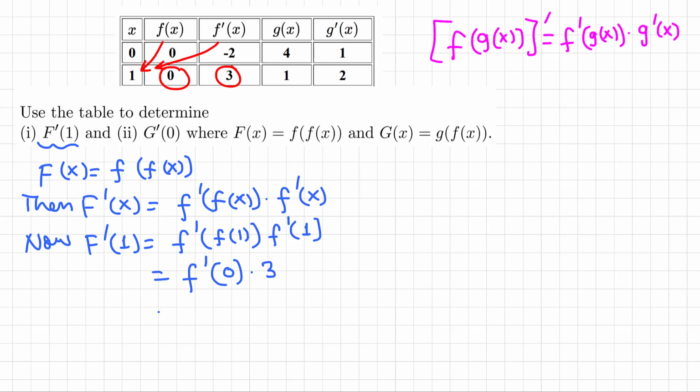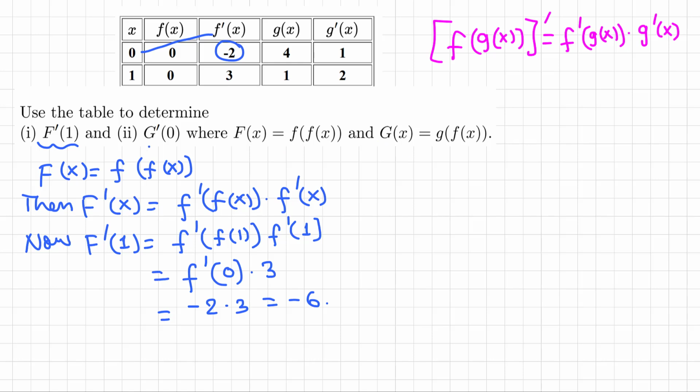Okay, we need to determine this value, f prime at 0. From the table, f prime at 0 is negative 2. So this is negative 2 times 3. That's negative 6. So F prime 1 is negative 6.